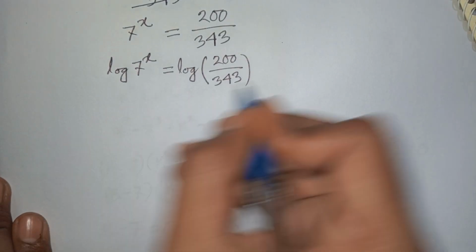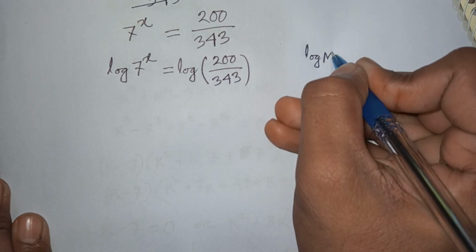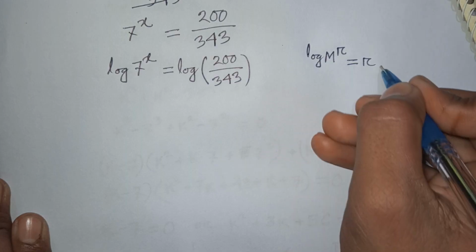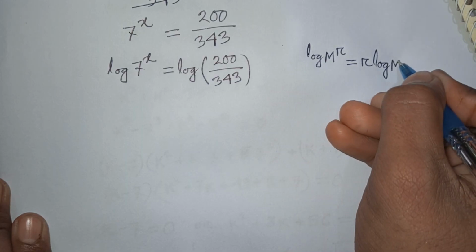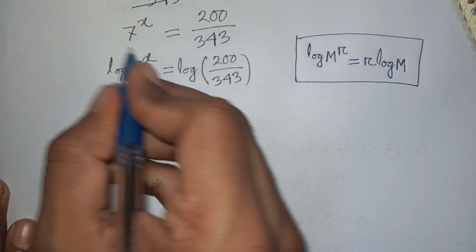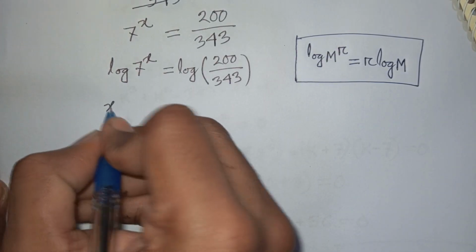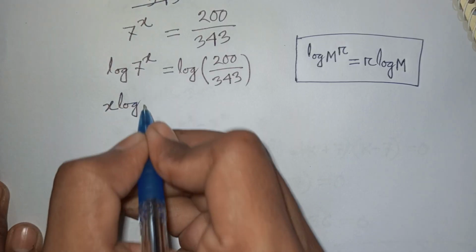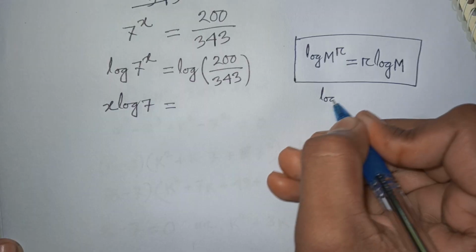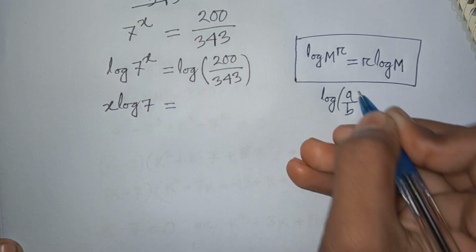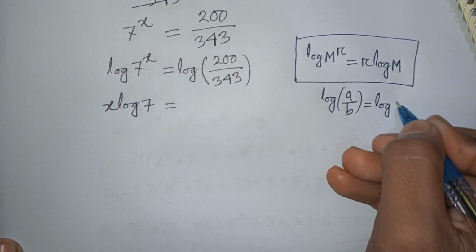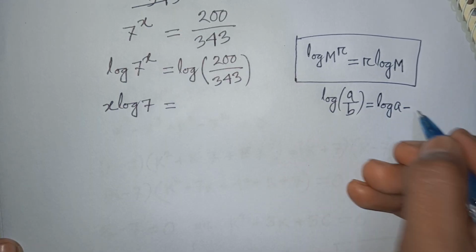Now here we apply the rule that log m power r is equal to r log m. This power x will move to the front, so it will be x log 7 is equal to, here we apply this formula, log of a over b is equal to log a minus log b.